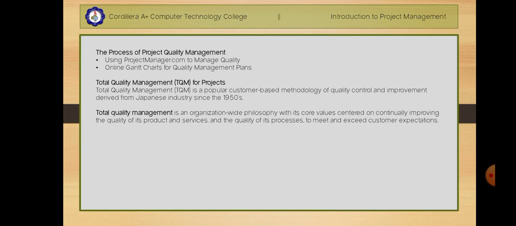The quality of its processes is to meet and of course exceed customer expectations. This means that everyone in the organization, from the top management down to the employees, plays a role in providing quality products and services to our customers. Even the suppliers and the customers themselves are part of our total quality management. Okay?